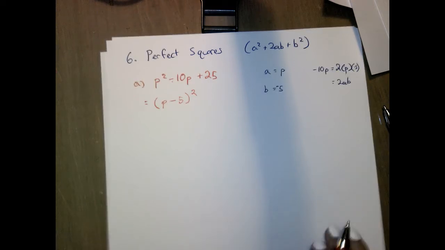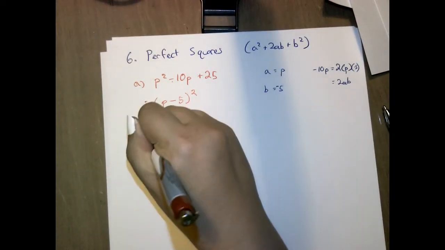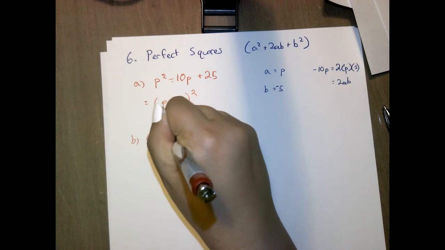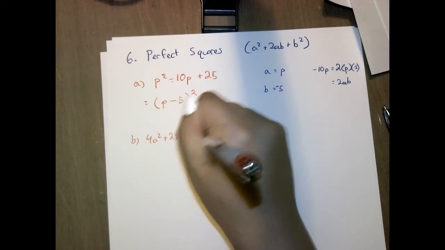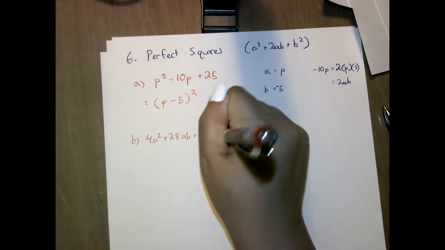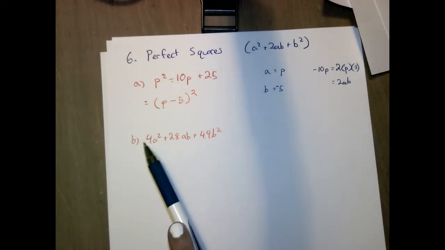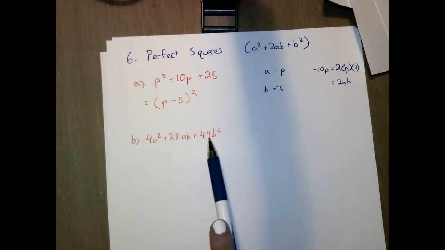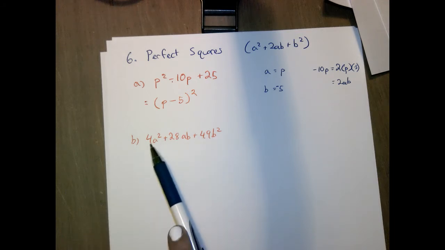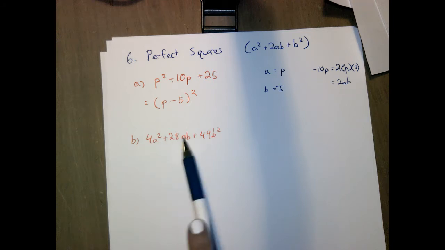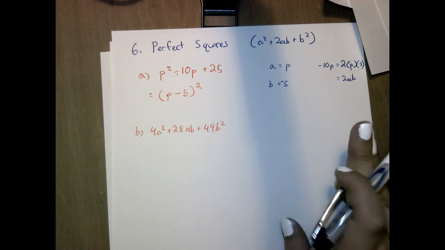So let's look at another example. Let's say we have 4a squared plus 28ab plus 49b squared. First, we want to check to see if we can common factor anything. I know that I've got 4 in common with those first two numbers, but 4 is not in common with the last number. I've got a's in common with the first two numbers, but a is not in the last number, so I can't common factor.